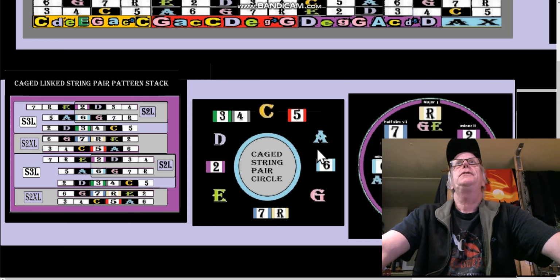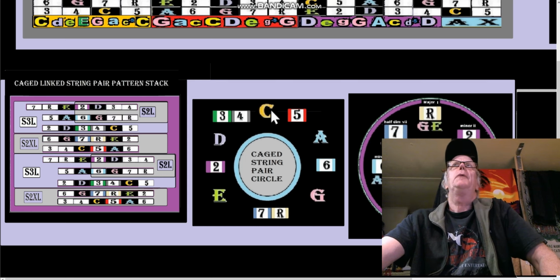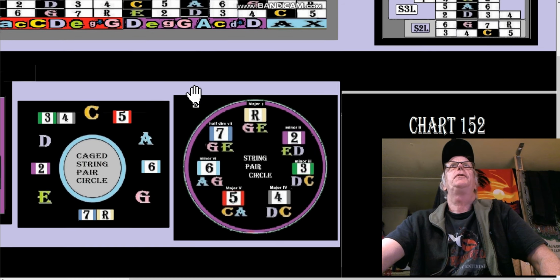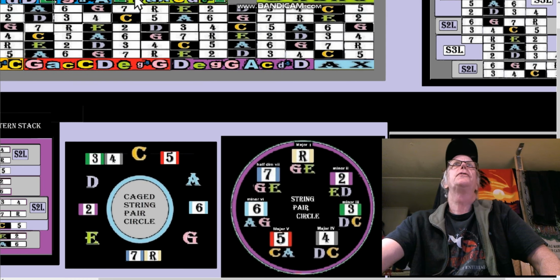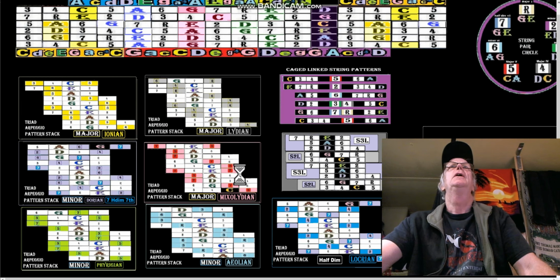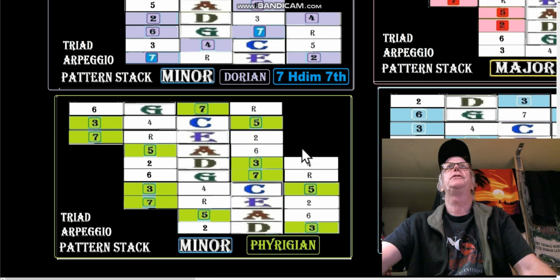So this is the new idea here. And I wanted to make this diagram easier. So this is one way to look at the string pair circles, and the whole thing's about targeting notes. This would be a little too easy if we look at it, so let's look at our arpeggio stacks. We can look at the Phrygian here for a second.